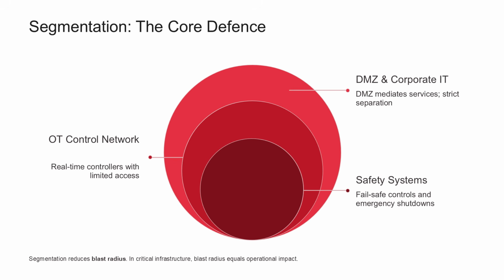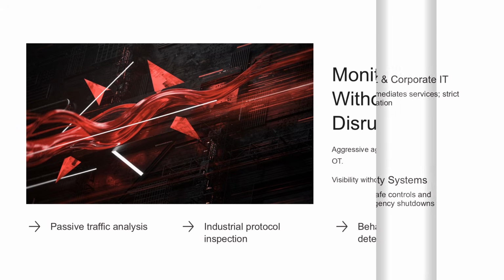Micro-segmentation within OT can further reduce risk. If one control system is compromised, segmentation prevents cascade impact across the entire plant. Segmentation reduces blast radius. In critical infrastructure, blast radius equals operational impact. Architectural discipline in segmentation directly protects safety and continuity.